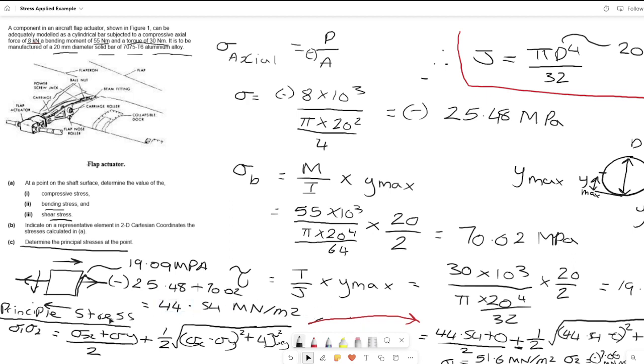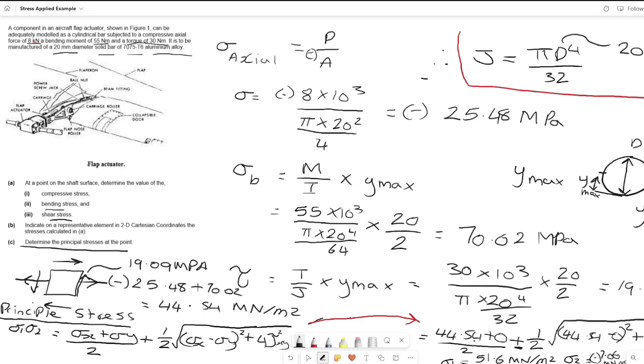We've then had to calculate the principal stresses. There would be two principal stresses acting on opposite sides. The formula to calculate the principal stress would be stress in the x direction plus stress in the y direction divided by 2, plus or minus half the square root of the stress in the x direction minus stress in the y direction, squared, plus 4 tau squared xy.